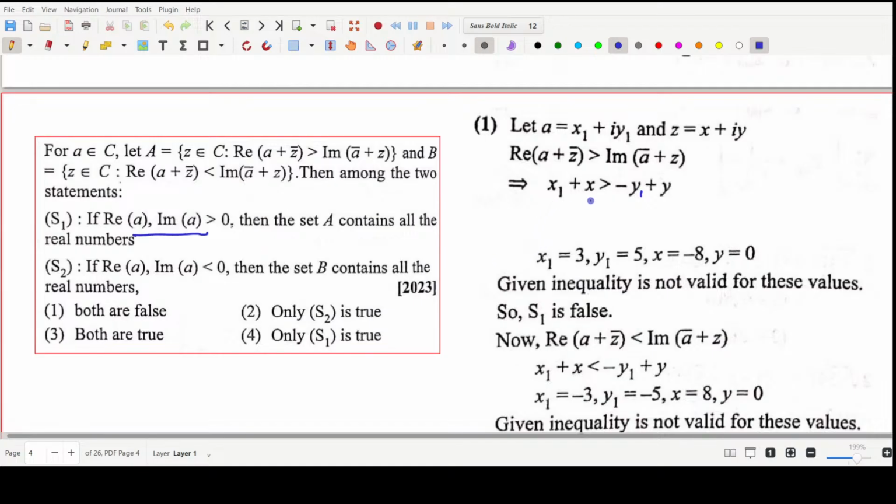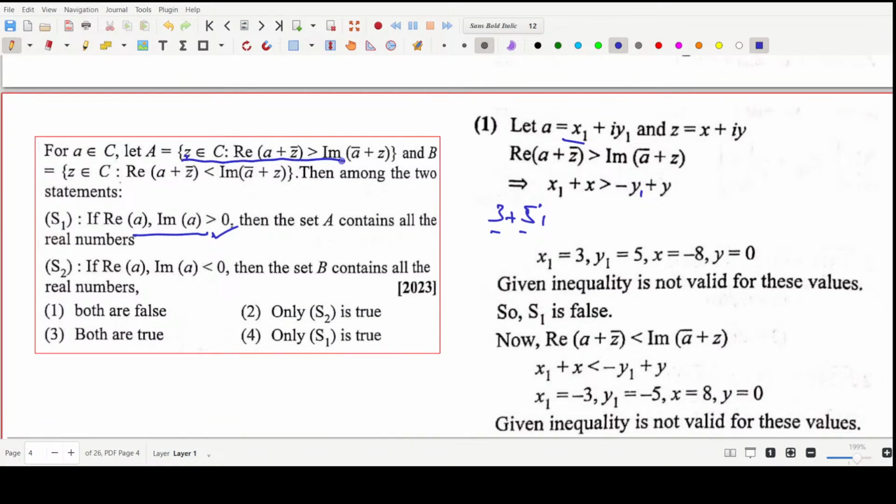For example, let's say a equals 3 plus 5i. Real greater than 0, imaginary greater than 0. This condition is satisfied, right? If this condition is satisfied, then what he is saying is this A set should contain all real numbers. That means this A set should satisfy this relation always.